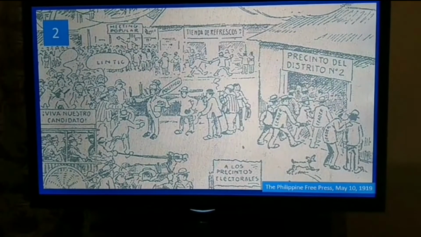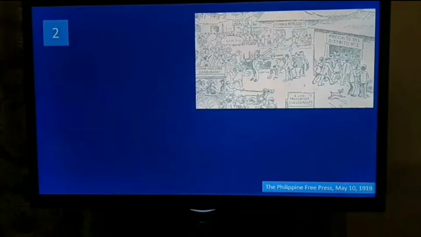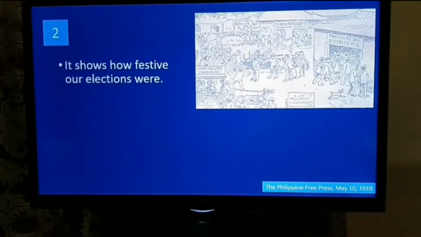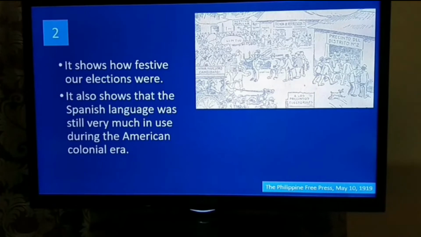And it's like the old days are like what's happening today. The elections are really festive and controversial. And it shows that also the Spanish language was very much alive in use during the American colonial period.